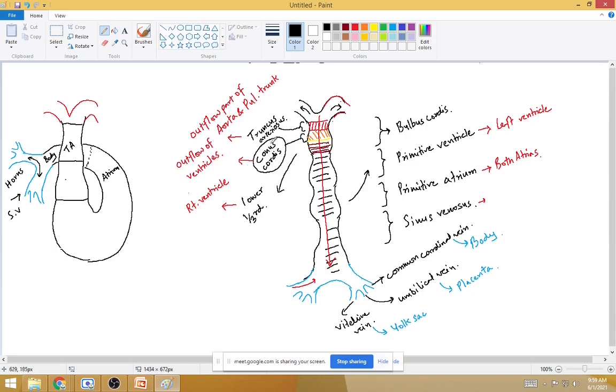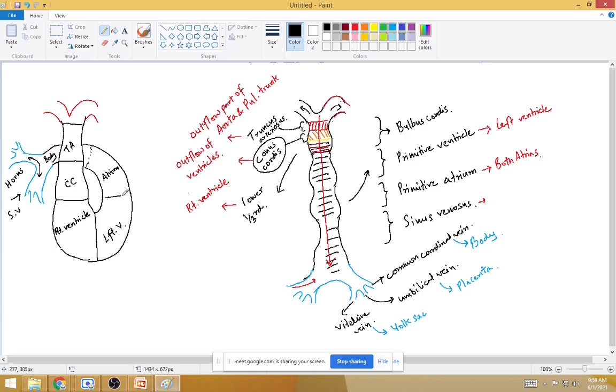This is the truncus arteriosus, this is the conus cordis. Then there is the lower one third, which will form the right ventricle. After that, there is the primitive ventricle, which will form the left ventricle.